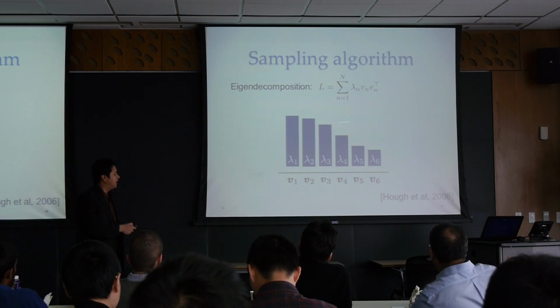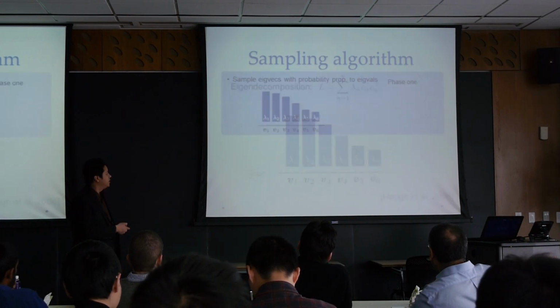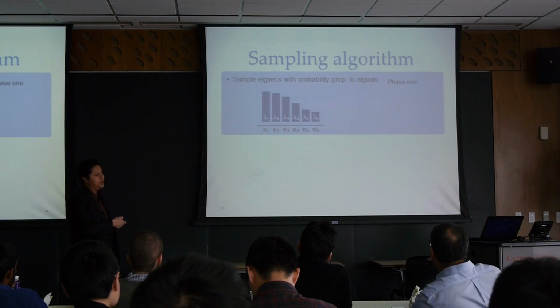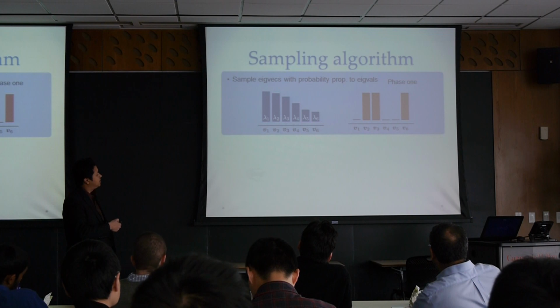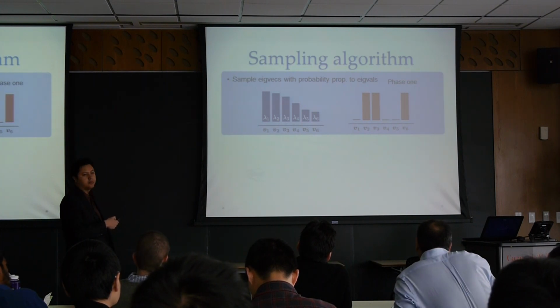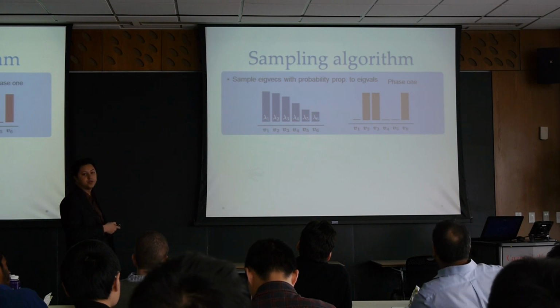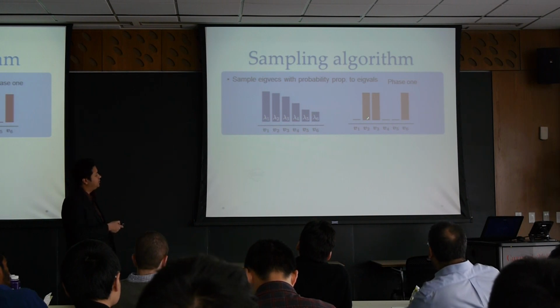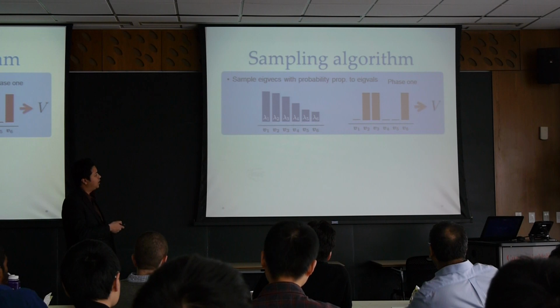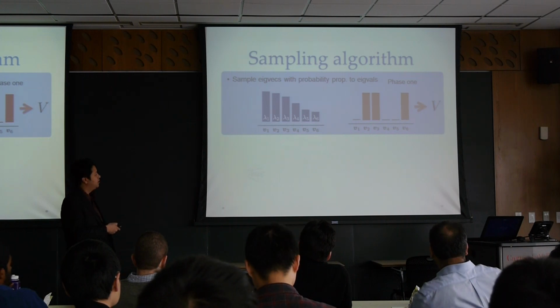So let's say that's your eigendecomposition of 6 items, right? And you do it in 2 phases. The first phase, you want to select the eigenvectors according to a Bernoulli distribution based on the eigenvalues, right? So let's say that those are 3 eigenvectors that you happen to sample.